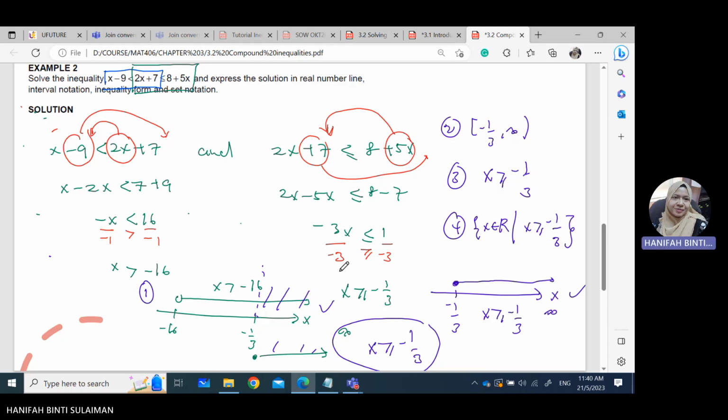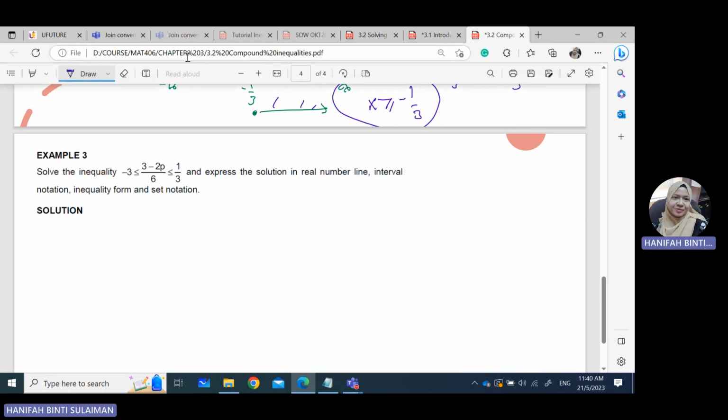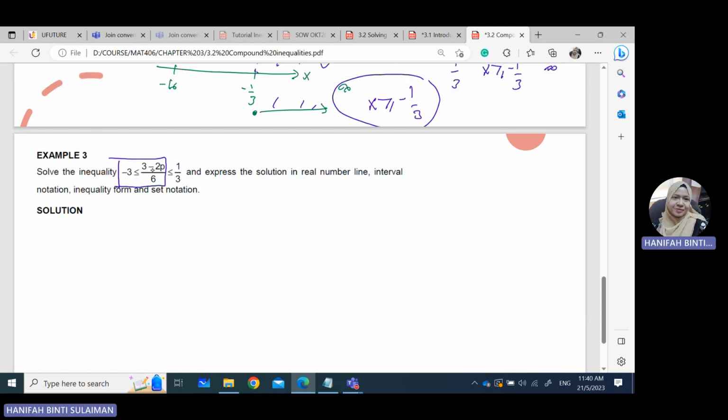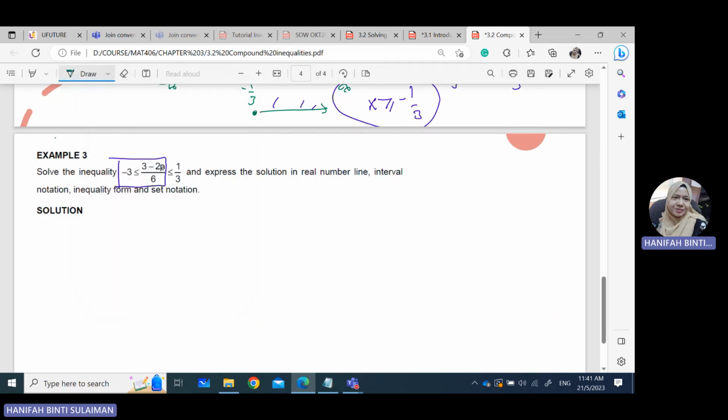Okay, so next example 3. Ni dia guna P. So kalau tiba-tiba dia tukar P, tak ada masalah. P is unknown. It can be any real number. Okay. Right, so kita tengok yang ini. Yang ini kita ada sama jugalah. Dua keadaan, iaitu (3 minus 2P)/6 is greater than or equal to negative 3, and it is also less than 1/3.